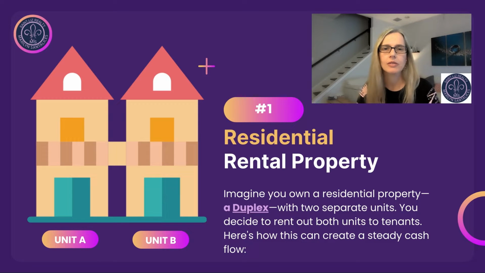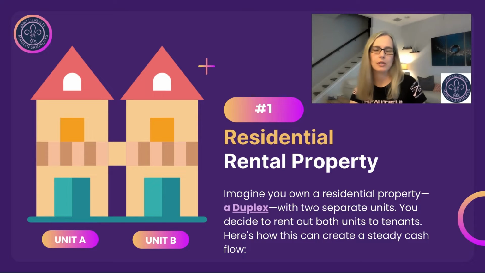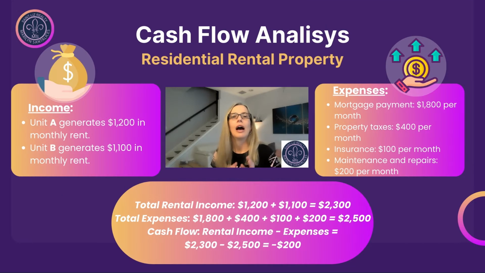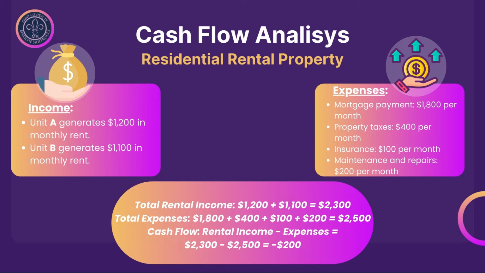Example 1, residential rental property. Imagine you own a residential property, let's say a duplex, with two separate units, and you decide to rent out both units to tenants. Here is how this can create a steady cash flow. The cash flow calculation would be total rental income of $1,200 plus $1,100, which is a total of $2,300 per month.